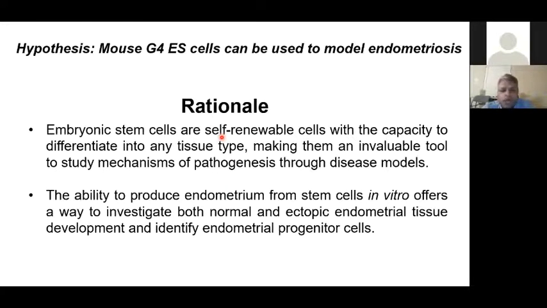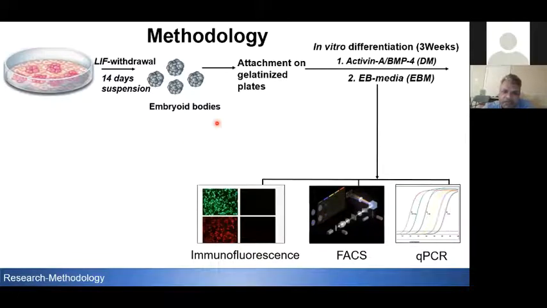So how we used it, this slide just shows the methodology. We cultured these mouse embryonic stem cells in 10 cm petri dishes, and then we removed leukemia inhibitory factor, LIF. What happens if we remove this factor?